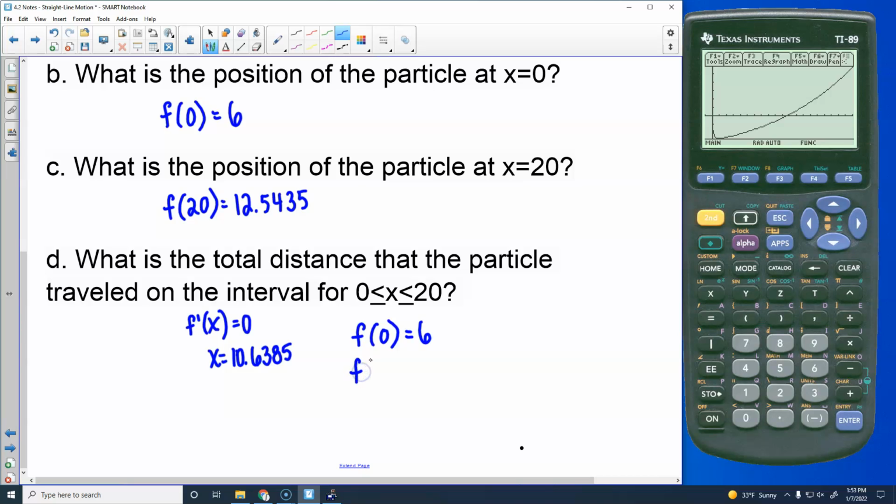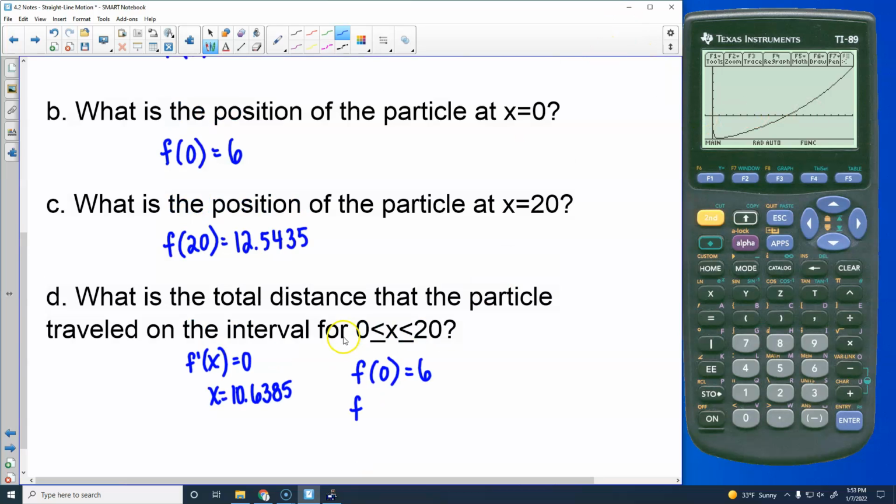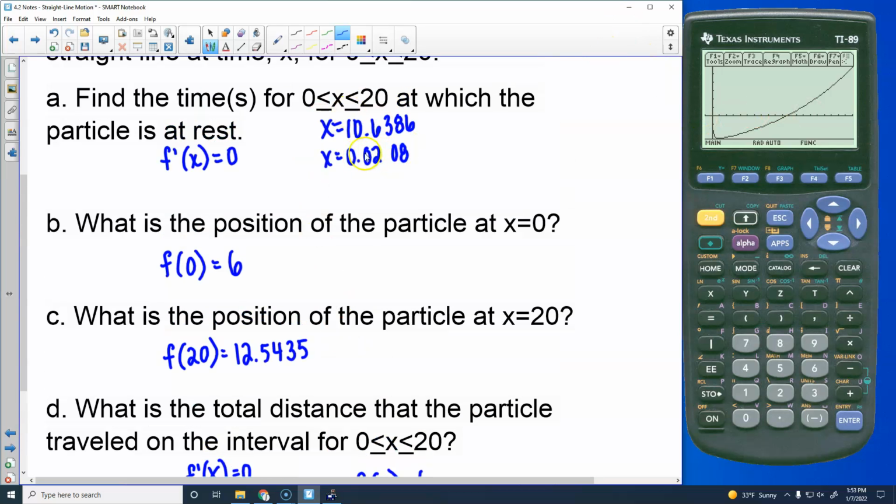We need to now consider these two places where our particle has a velocity of 0. We need to see where the particle was then. We know these two points are these two values here because we've already found where they were at rest. I did this again yesterday, but that was repetitive. We could have just used the numbers we found in part A.